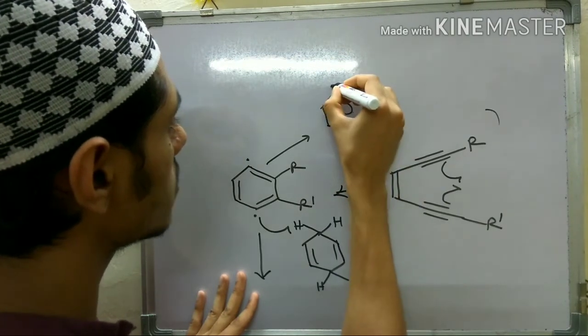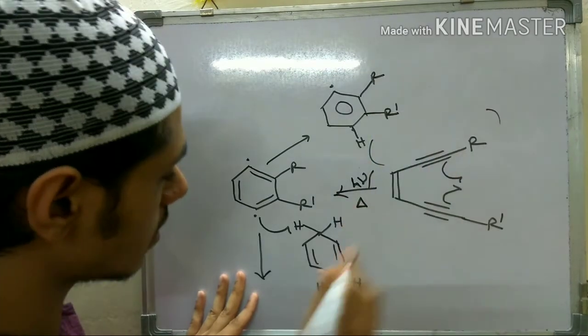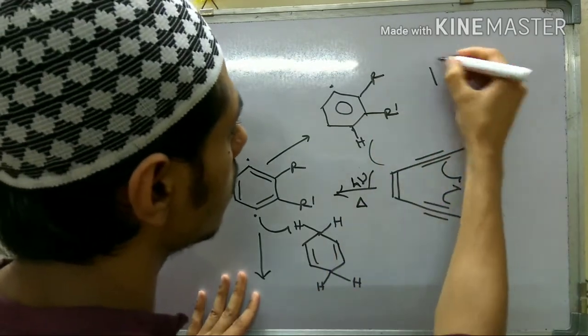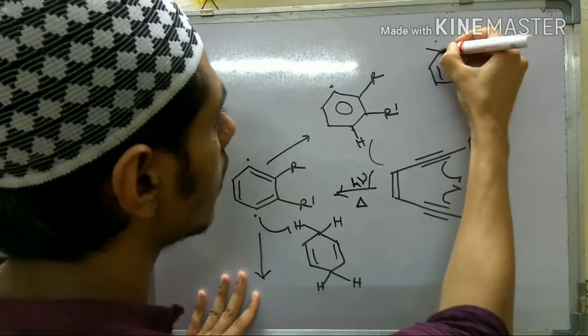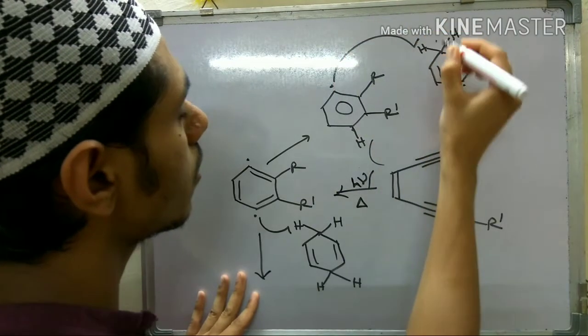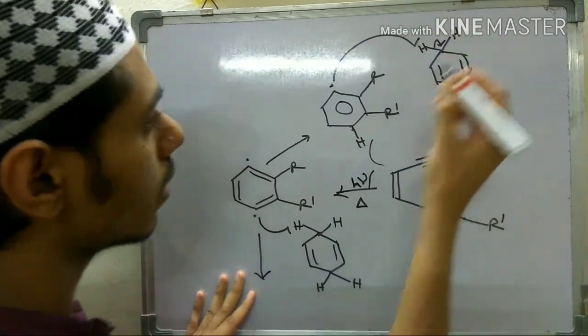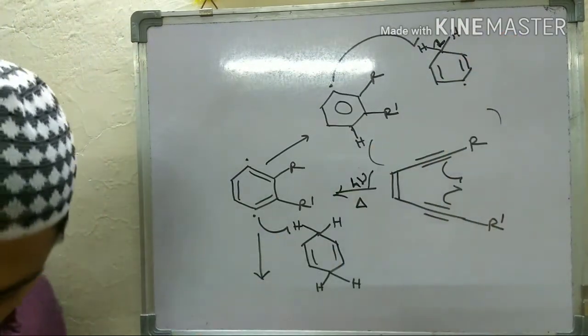Here you have R dash and R, but still one radical is there, and this compound now becomes like this. So this radical and another H is there. Then this radical can take another H dot. Actually this is a single headed arrow because it is a radical process.